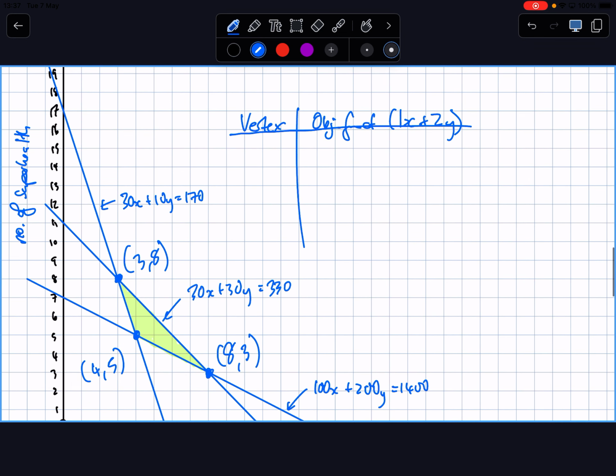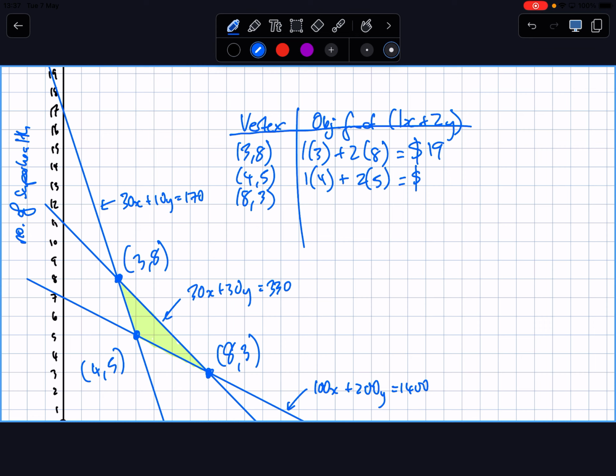Because it's the simplex algorithm, I needed to try those 3 corners. So I'm going to try 3, 8. I'm going to try 4, 5. And I'm going to try 8, 3. 1 lot of 3 plus 2 lots of 8. 3 plus 16 is $19. 1 lot of 4 plus 2 lots of 5.